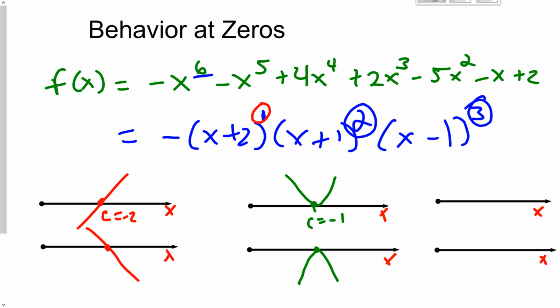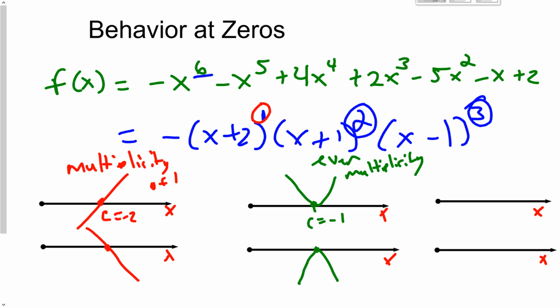So that's a multiplicity of 2 or any even multiplicity. Usually we don't even say multiplicity of 1, we just say it has one 0. So anytime you have an even multiplicity, it's going to bounce right back off that x-axis.